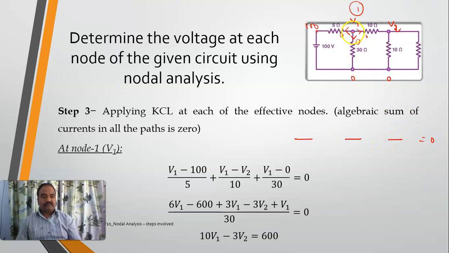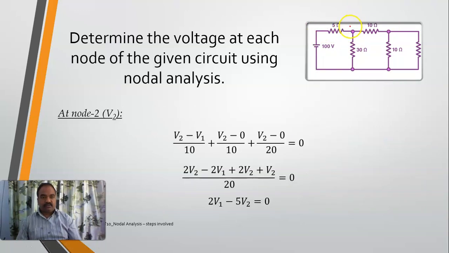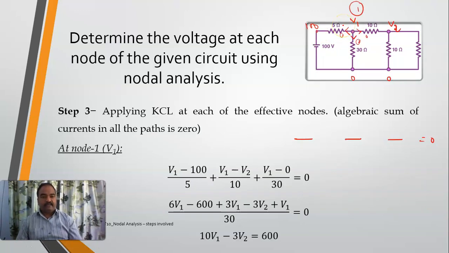So what is the first path? It is starting from here and leaving to here. Do I have any current mentioned here directly? No, current is not mentioned. So what option do I have? If you have current I, you will take I, otherwise V by R, voltage drop by R. What is the voltage drop here?